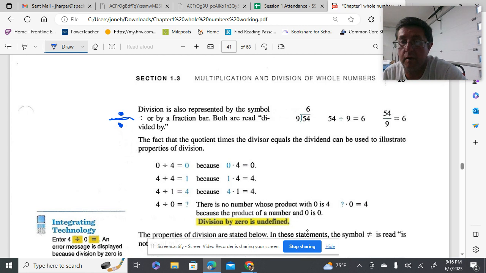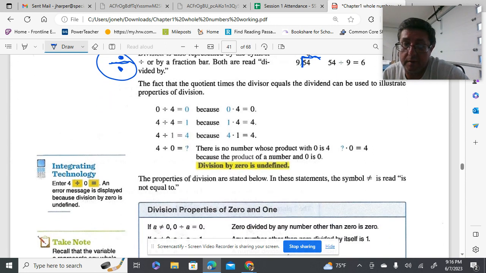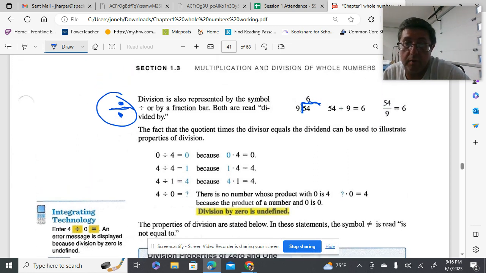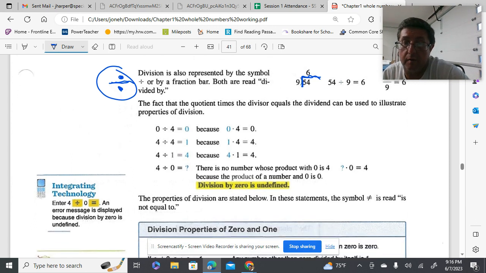Now again, over here you have 54 divided by 9 equals 6. But remember, this symbol means division, and you hit this button on your calculator to divide. Now, maybe if we get you into higher end calculators, when we get into full algebra, you might have to use a slash mark for your multiply or divide.